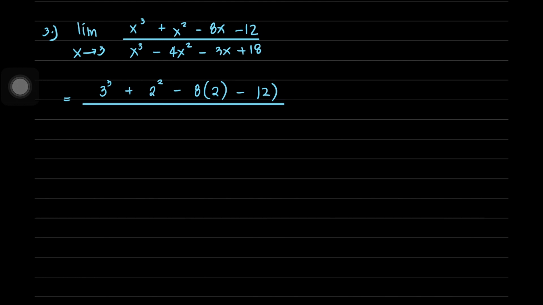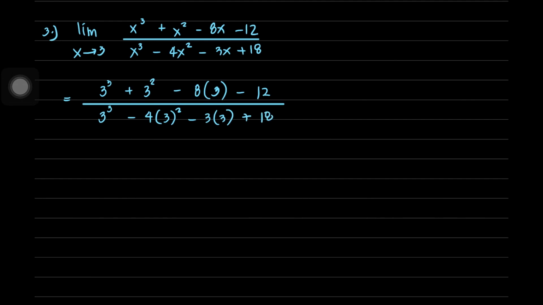Let me just correct this one. That's 3 raised to 3 plus 3 squared minus 8 times 3 minus 12. And for the denominator, we have 3 raised to 3 minus 4 times 3 squared minus 3 times 3 plus 18.